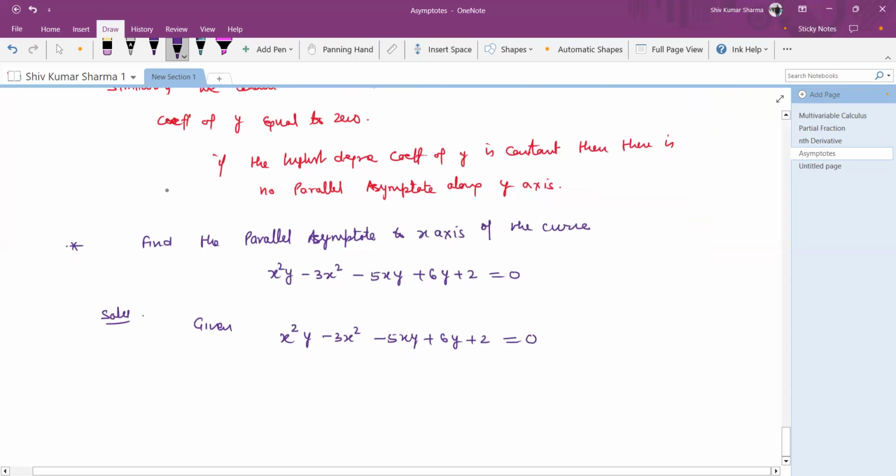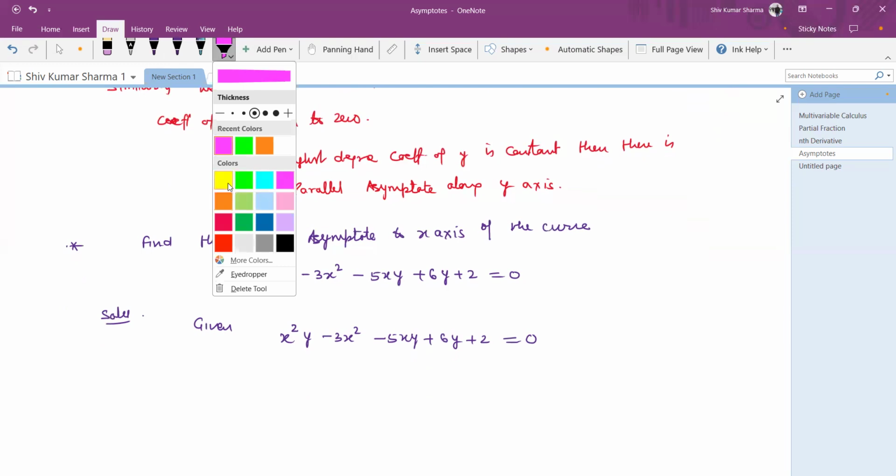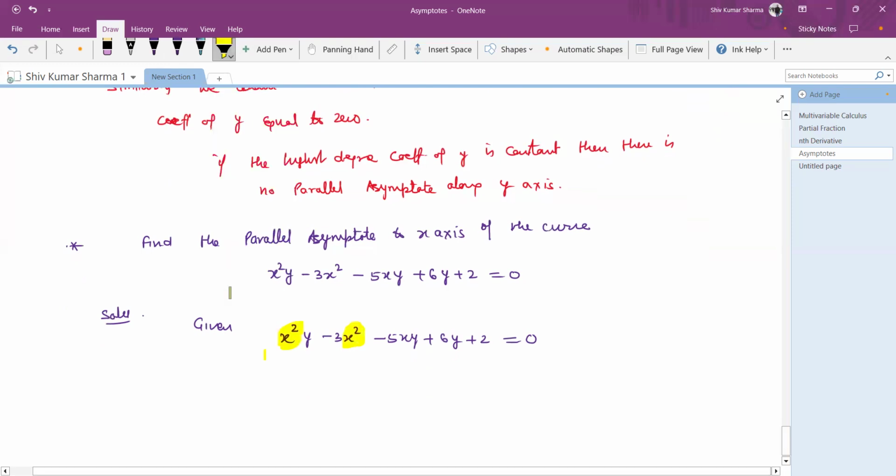What is the highest degree of x here? The highest degree of x is 2. So we take the coefficient of x square.